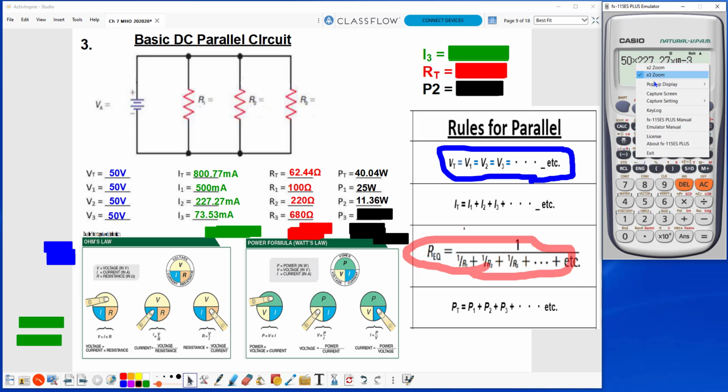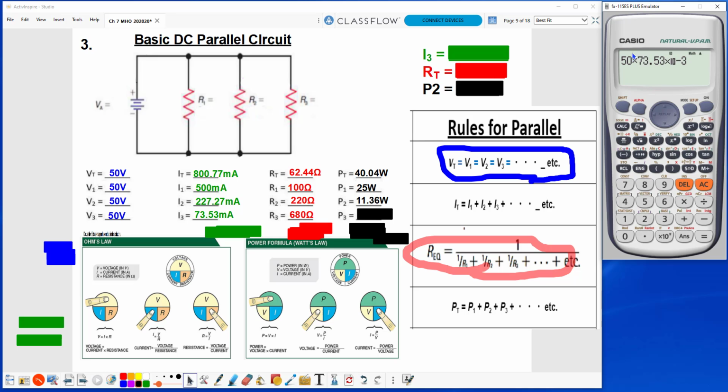Next is P3, which is equal to I3 times V3. I've already got my 50 volts in there. It's a milliamp, so I'm going to leave times 10 to the negative third, and I'm just going to change the numerical value to 73.53. So I put 73.53 times 10 to the negative third, 73.53 milliamps, times 50 volts.